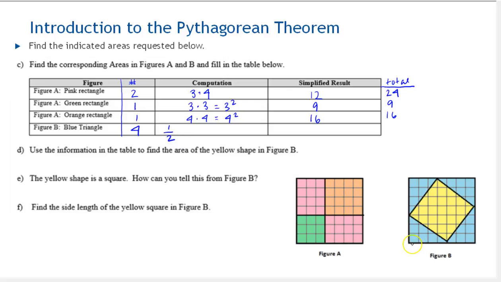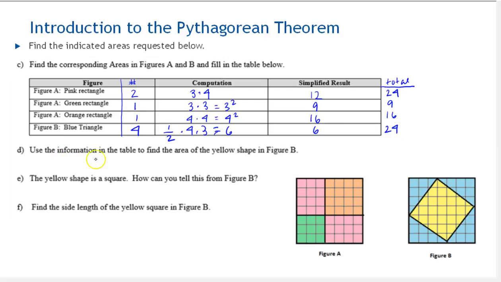We can look at any one to find the base: 1, 2, 3, 4, a base of 4, and a height of 3. So 1/2 times 4 times 3 is 2 times 3, which is 6. Since we have 4 of them, the total area of the 4 blue triangles is 24.